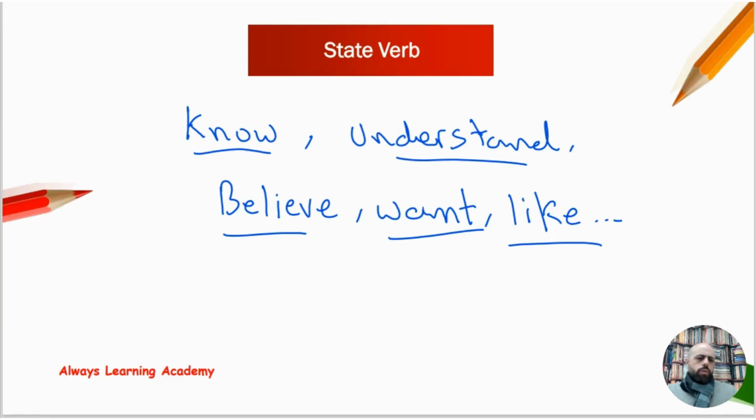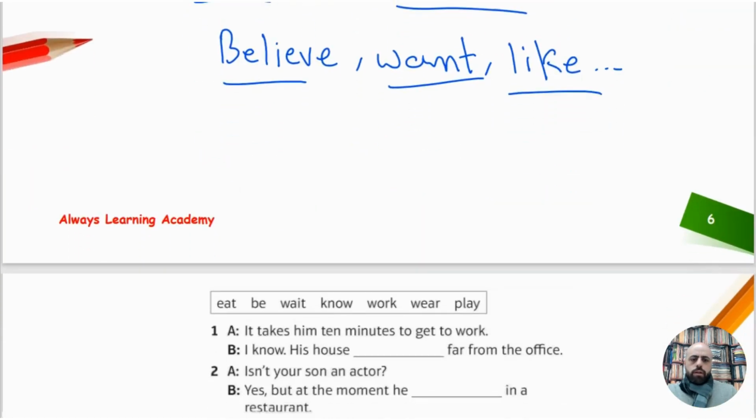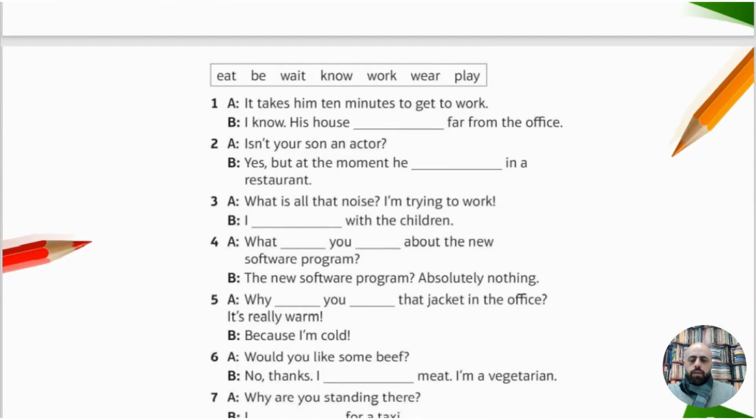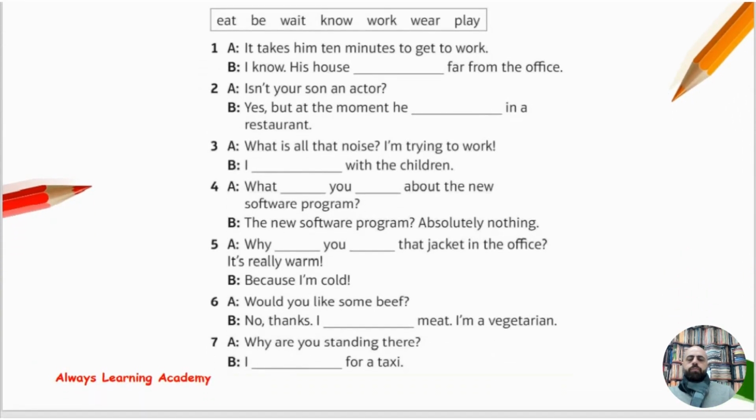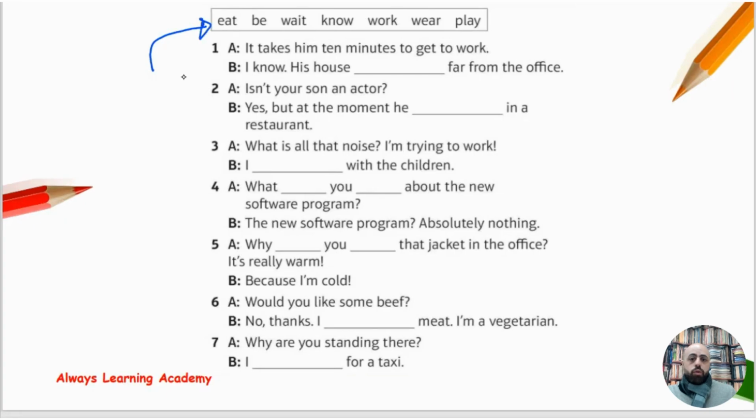Okay, I think now we are ready to start solving some exercises. Here we have this question. I need to use these verbs in the correct place. First of all, decide, should I use simple present or present continuous? So you have to think about the situation.